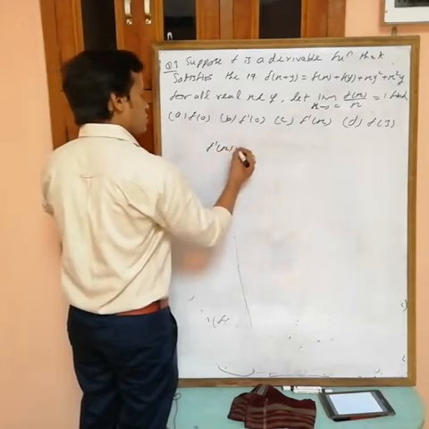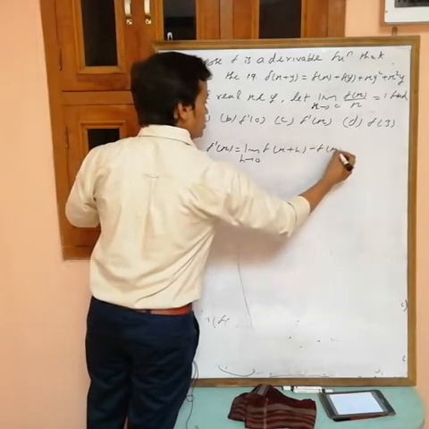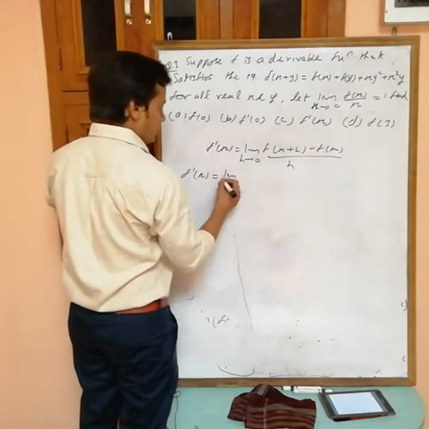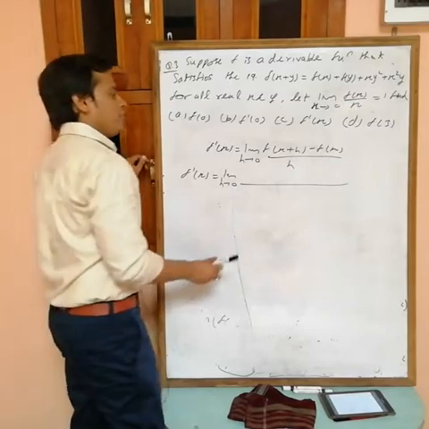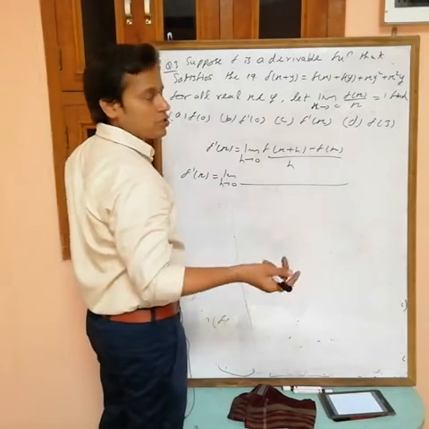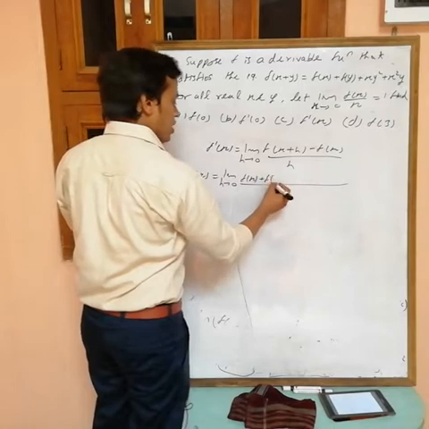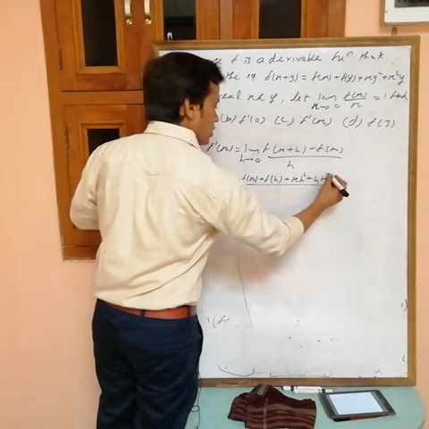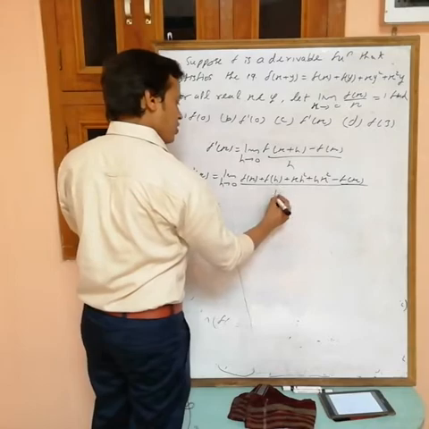Now see, f'(x) is equal to limit h tending to 0 of [f(x+h) - f(x)]/h. Put values: by using this equation, f(x+y) = f(x) + f(y) + xy² + x²y, replace y as h. Then we get limit h tending to 0 of [f(x) + f(h) + xh² + hx² - f(x)]/h.